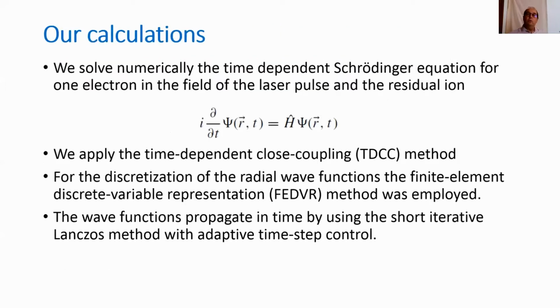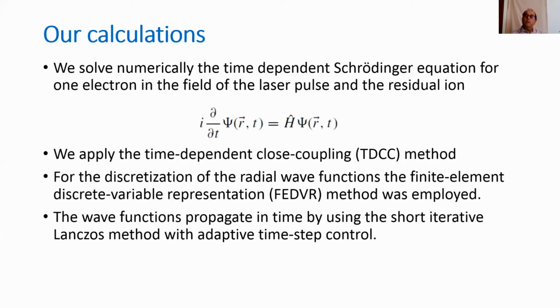Well, let's move to our calculations, which are ab initio calculations. We solved numerically the time-dependent Schrödinger equation for one electron in the field of the laser pulse and the residual ion. We applied the time-dependent close coupling method.